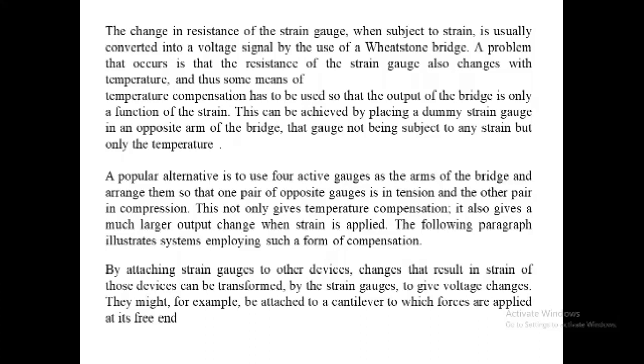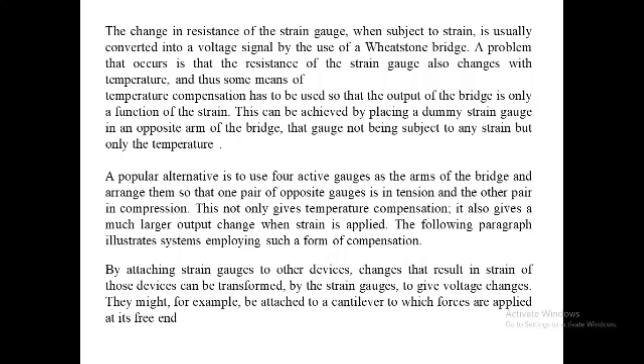A strain gauge is a resistor used to measure the strain of an object. When an external force is applied on the object, a deformation occurs in the shape of the object. This deformation, either compressive or tensile, is called strain and it is measured by the strain gauge.